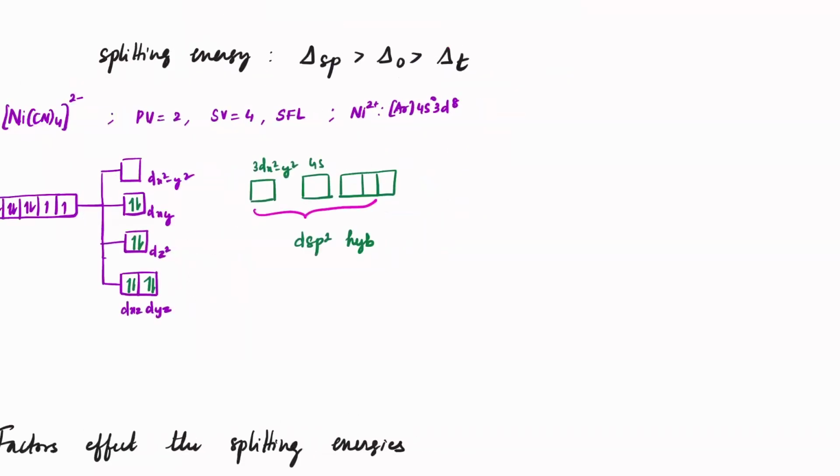After the distribution, you can notice that it is a diamagnetic molecule. It is using the inner d orbital, so it is an inner orbital complex. The unpaired electrons are decreasing, so that makes it a low spin complex. Got it? And it is square planar geometry.